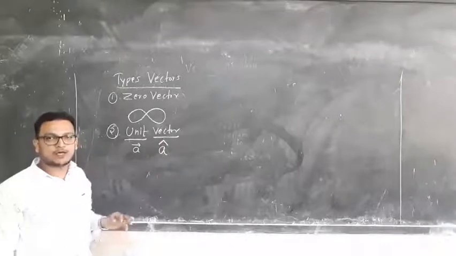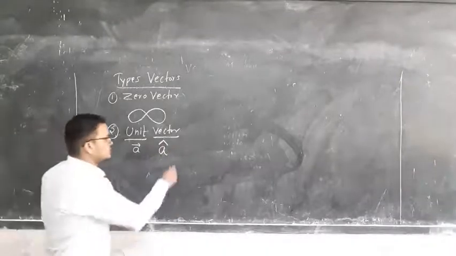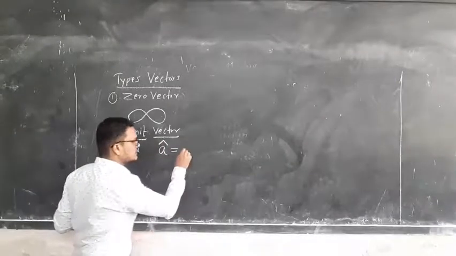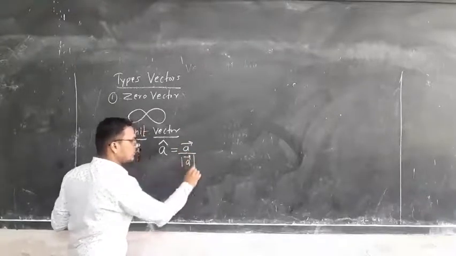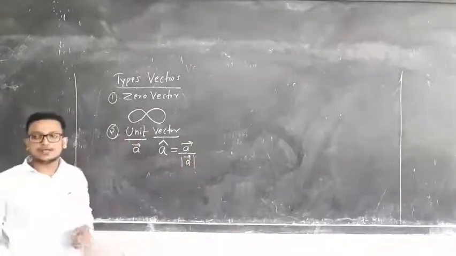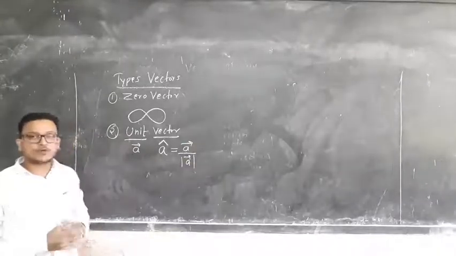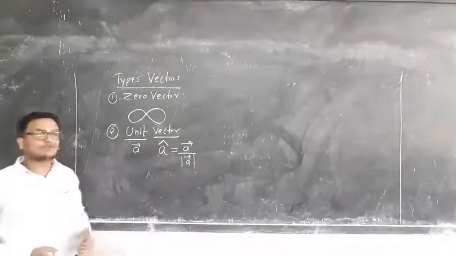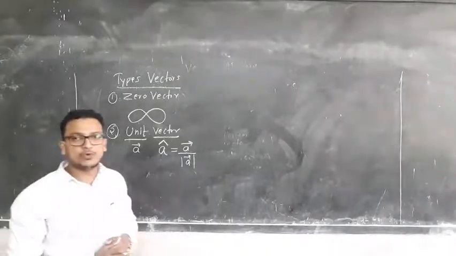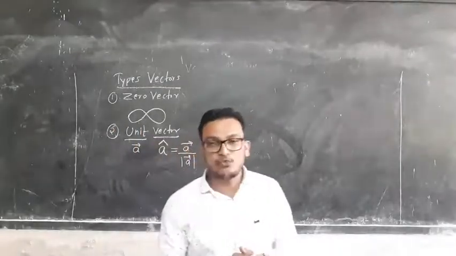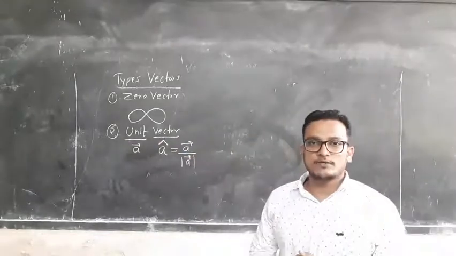The formula to calculate the unit vector is A cap is equal to vector A divided by the magnitude of vector A. Again, this formula is very important for 1 mark. They will give you any vector and ask you to find its unit vector.